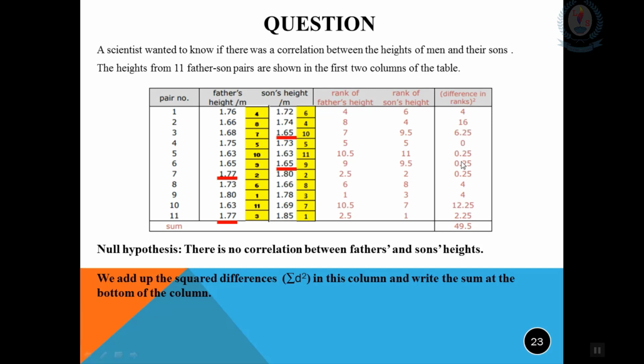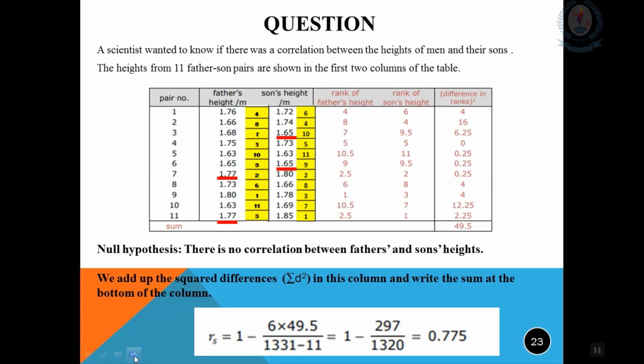So likewise, we have to complete this row and take the sum of the squared differences in this column. So it's 49.5. Now we can plug all the values into the equation like this, and you get a positive value for rs. It's 0.775.